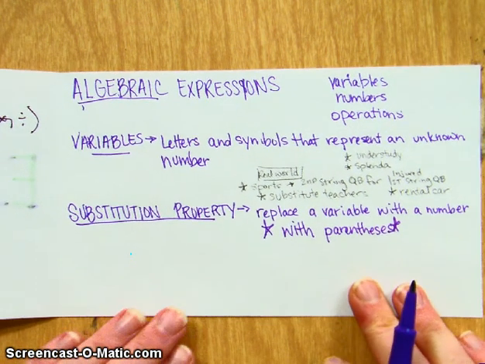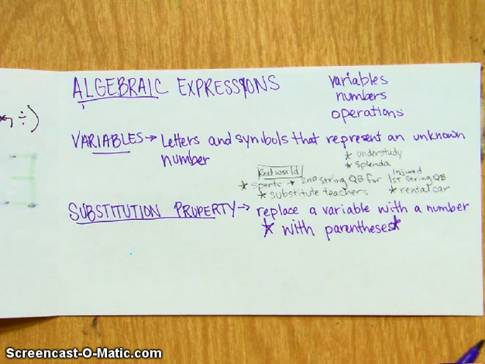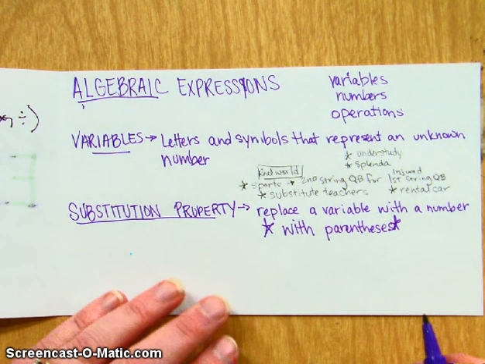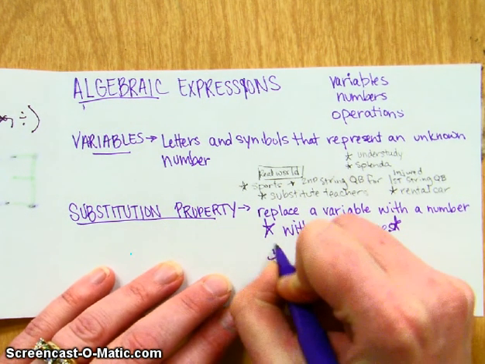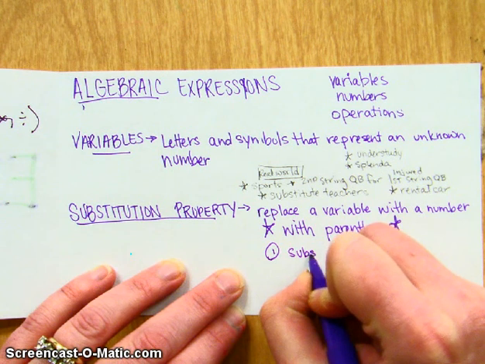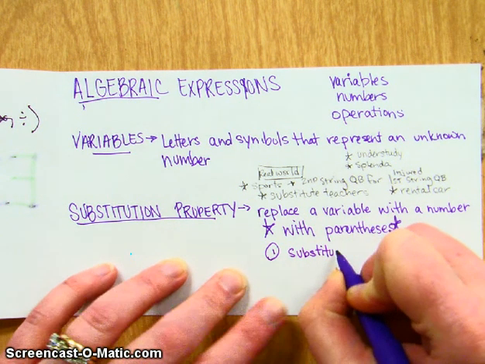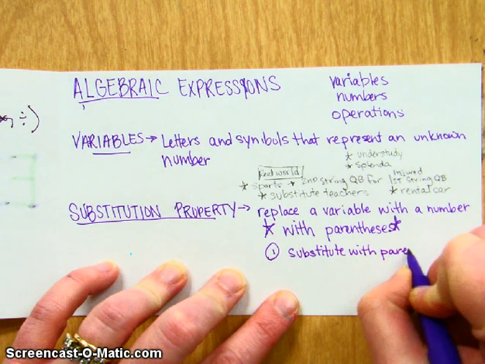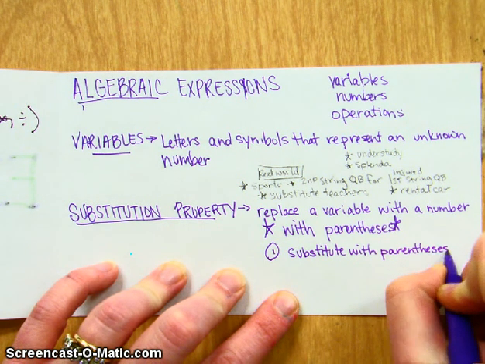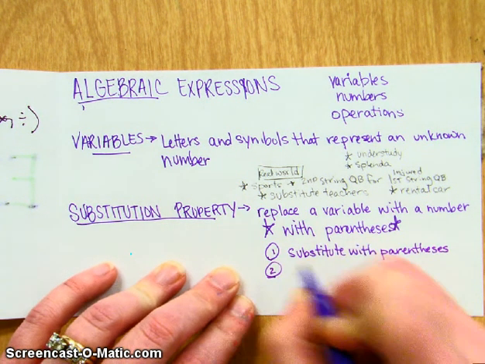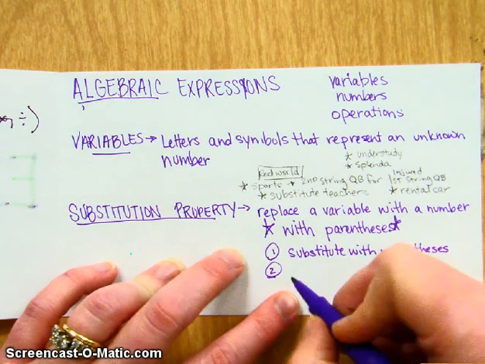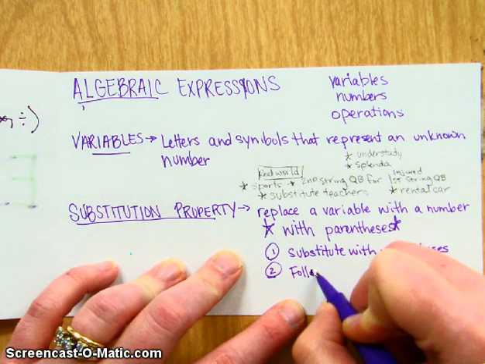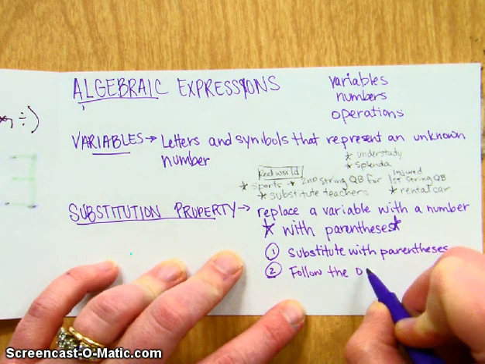That's important when you're dealing with negatives. Okay? So your first step will be substitute with parentheses. Substitute the variable for the number with parentheses. And then after that, you follow your order of operations, and then you're done.